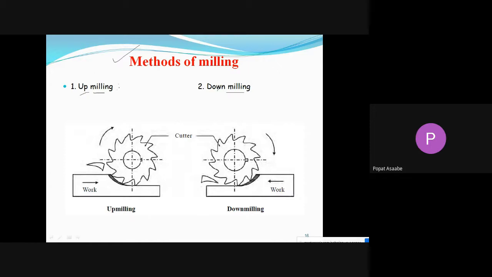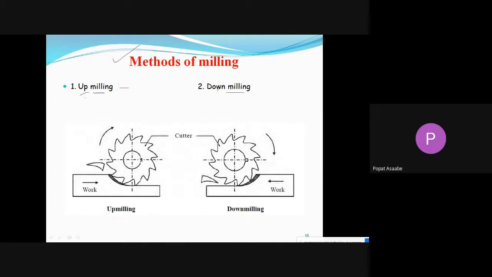Here is the cutter. That cutter is mounted on the arbor and this is the workpiece. Now we are going to feed that workpiece against the rotary cutter, and the teeth or cutting edges on that cutter will remove the material from the workpiece. This is milling. Now what is meant by up milling and when can we call it down milling?